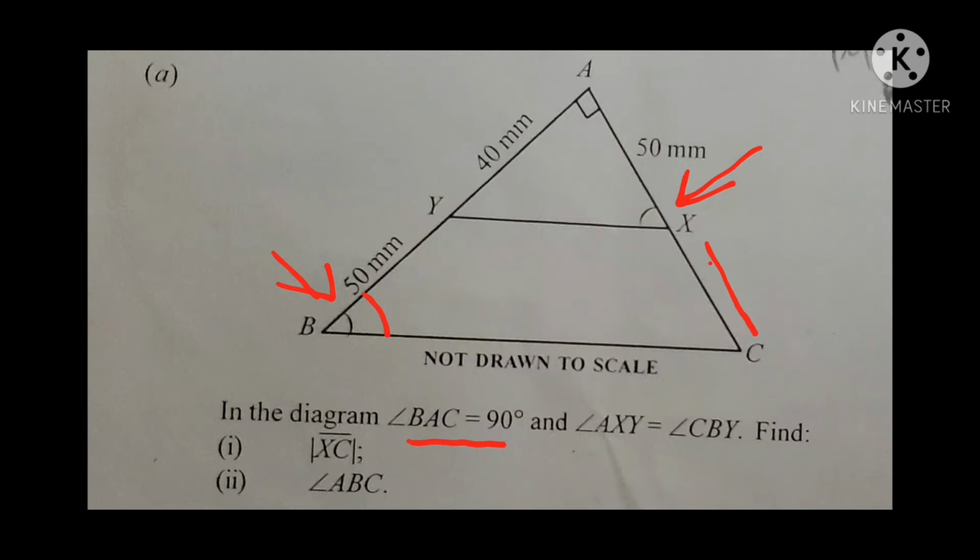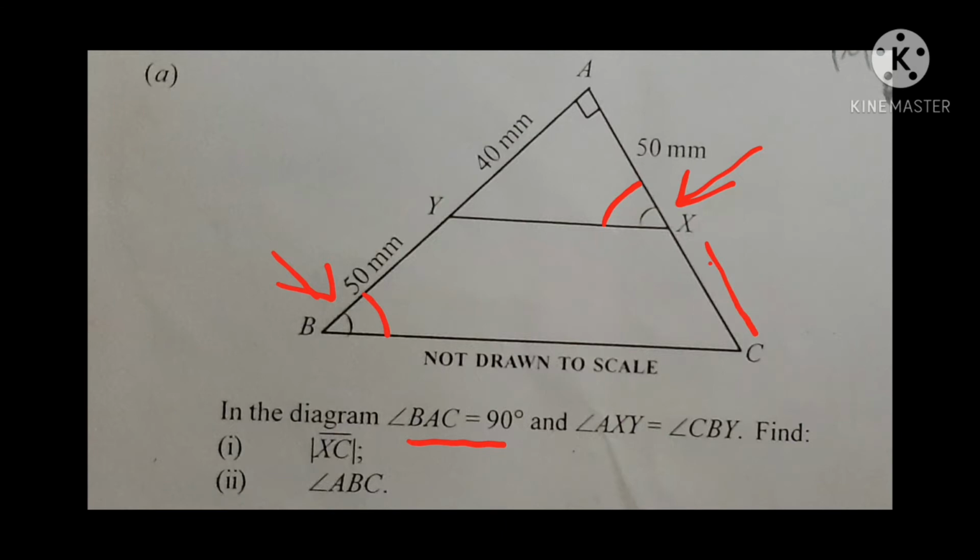All right, looking at it closely, we can apply the tangent ratio to find our length here, because the angle here is equal to the angle below.